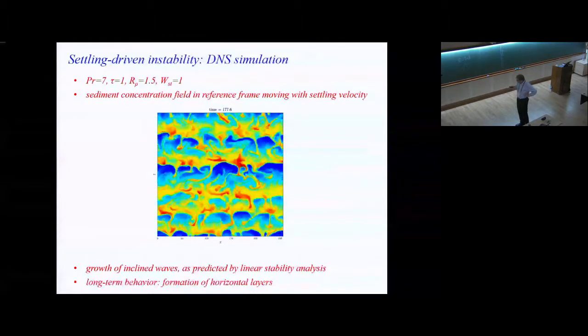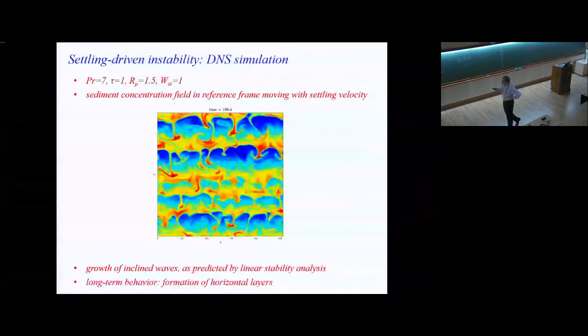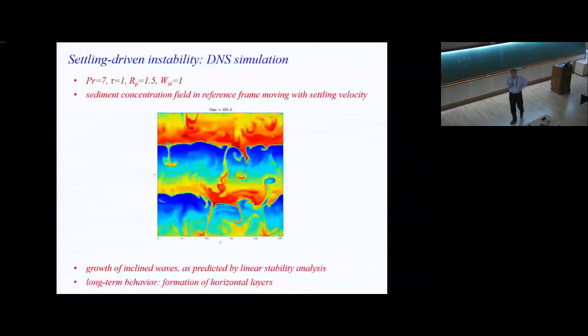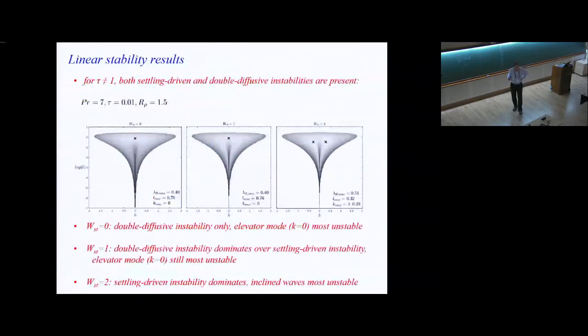Now let's look at the situation where tau is not equal to 1. So now we have the potential both for double diffusion and for settling-driven instability. And so if we now look at the situation where we have no settling velocity, then we only have double diffusion. This is now our unstable region, and the only unstable mode is the so-called elevator mode, which is marked here by an X. That's the most unstable mode.